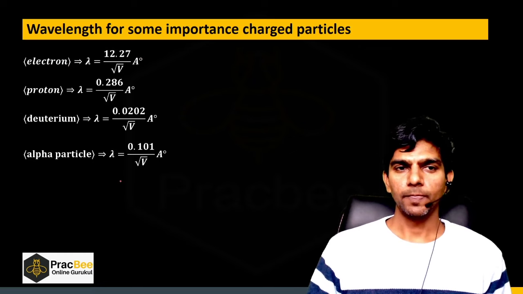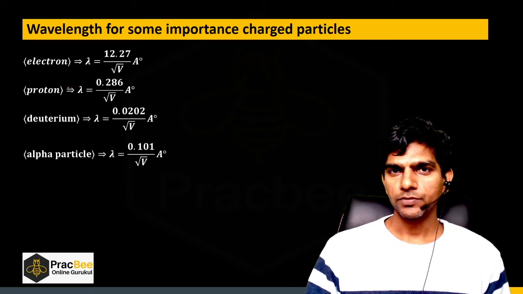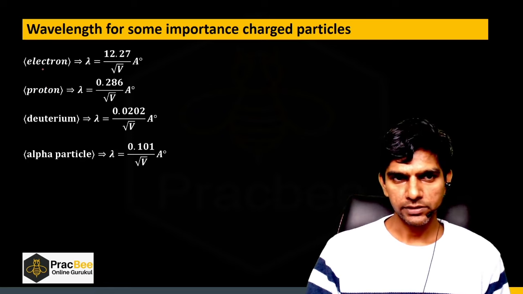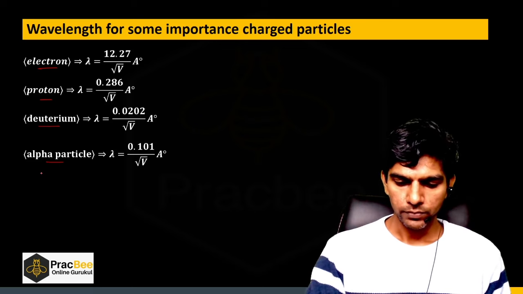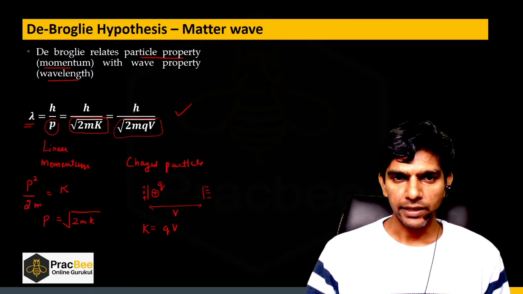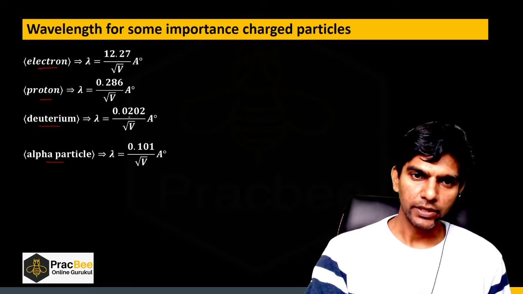And suppose if we want to find the wavelength of some of the important charged particles, say electron, proton, deuterium, alpha particle. So what we can do, if you see this h, m and q, these are constant for that particular particle.